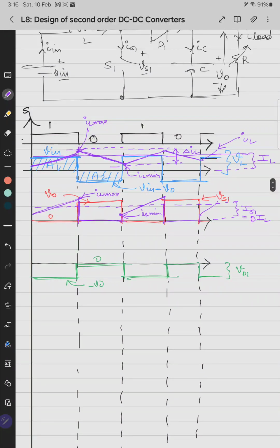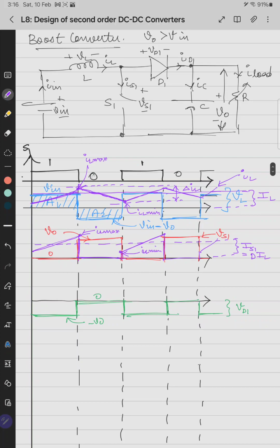Now let's draw the current through the diode. When the switch is on, the diode is off. When the switch is off, the diode is on, and the diode current equals the inductor current. This is its average value.